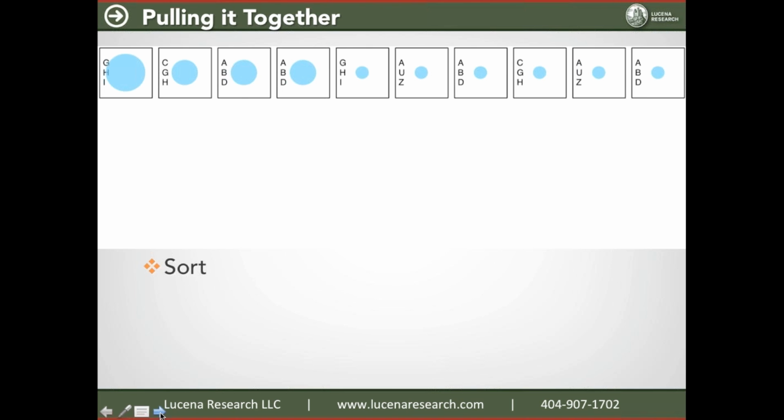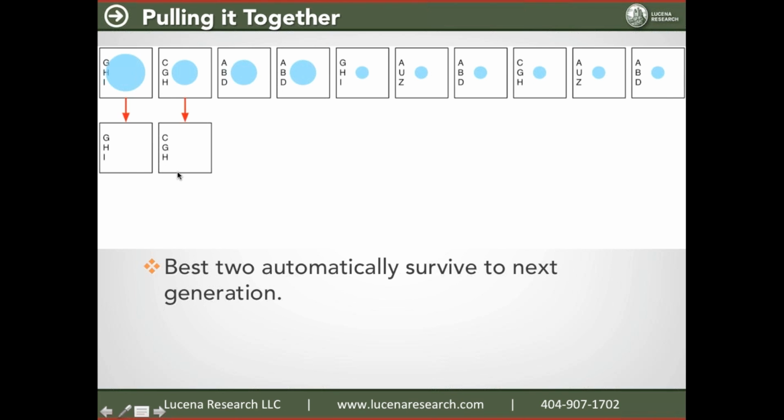We sort them, so we here have our best ones over to the left. And now it's time to decide which ones get to continue into the next generation. So something we do in our algorithm is we always allow the best two to continue on.